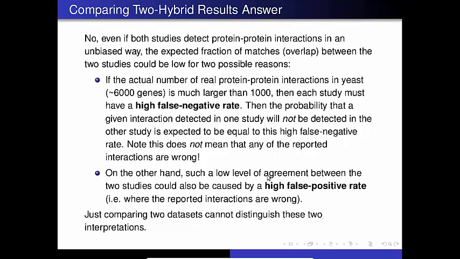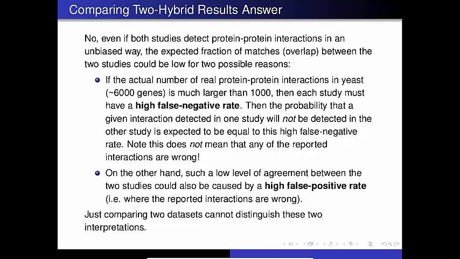Now, one core point here is that with just two data sets, we can't really resolve these two possibilities: it's all just false positives and that's why the lists don't agree, or it's a high false negative rate and that's why the lists don't agree, okay?